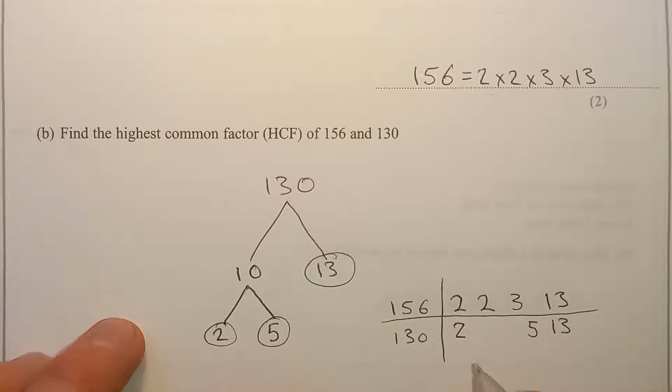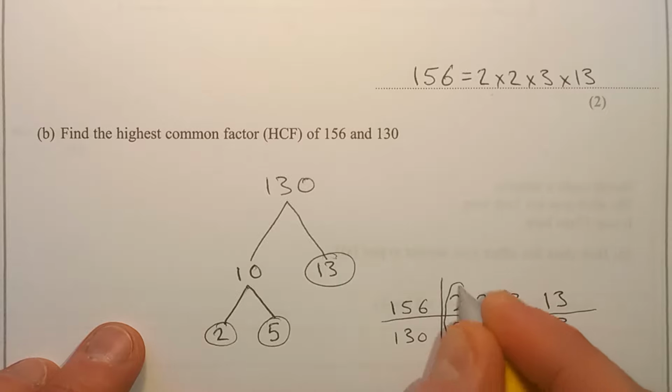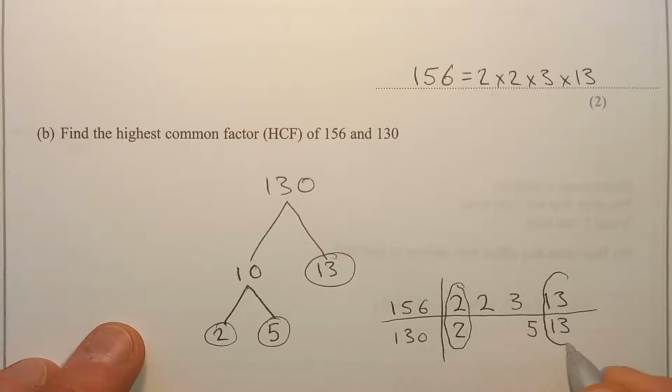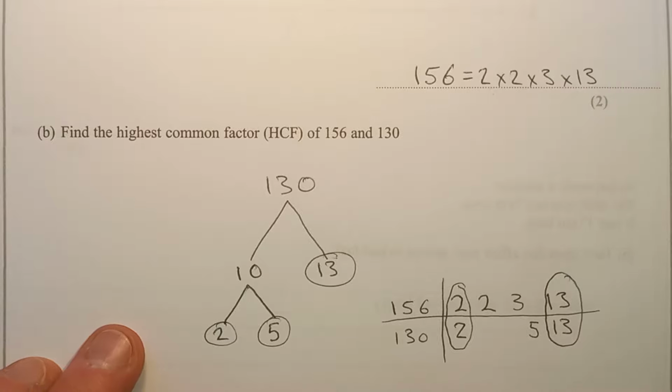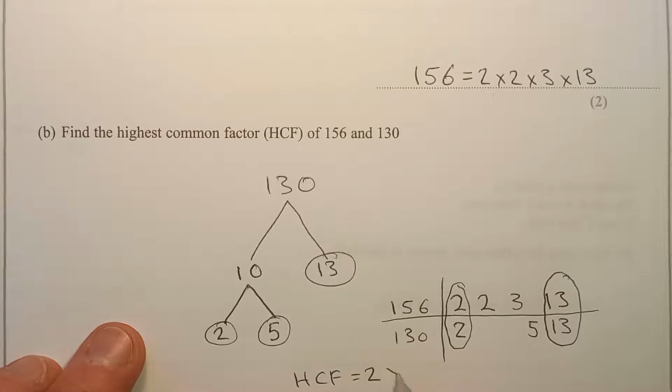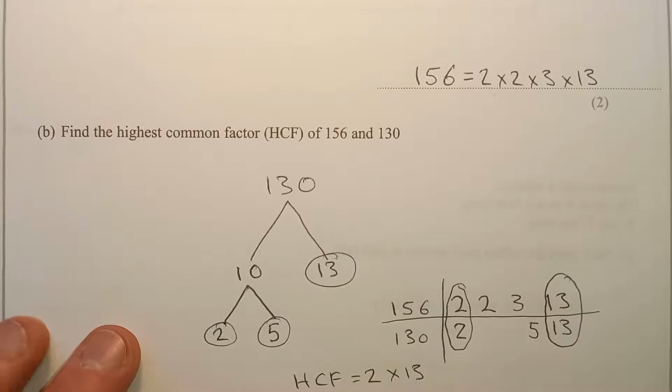So now what we do is we look for where we've got the same factors. So we've got 2, and we've got 13. So now to find the highest common factor, we're going to multiply these two numbers together. So the highest common factor is going to be the 2 times the 13.